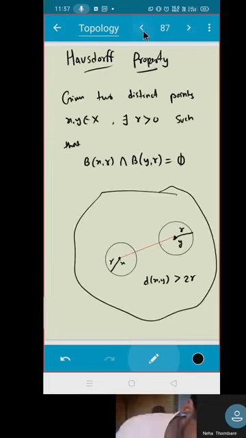What is the method of contradiction? Given any two distinct points x and y, we want B(x,r) intersection B(y,r) to be empty. So what should I start with? Suppose it is non-empty, isn't it? This is the way to prove. Do you agree?